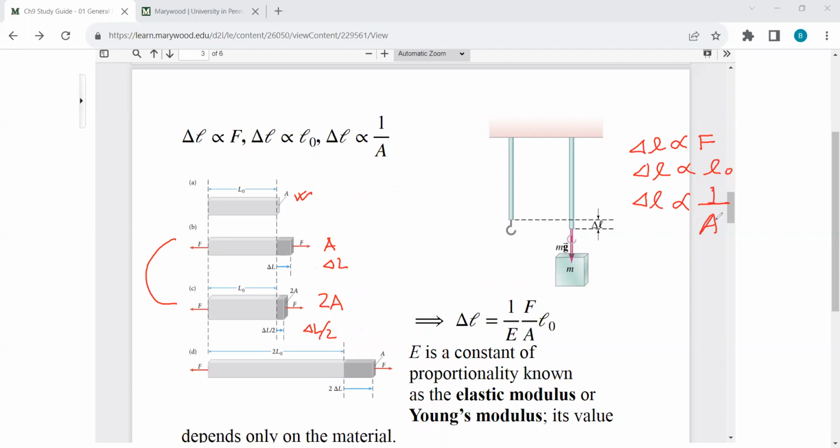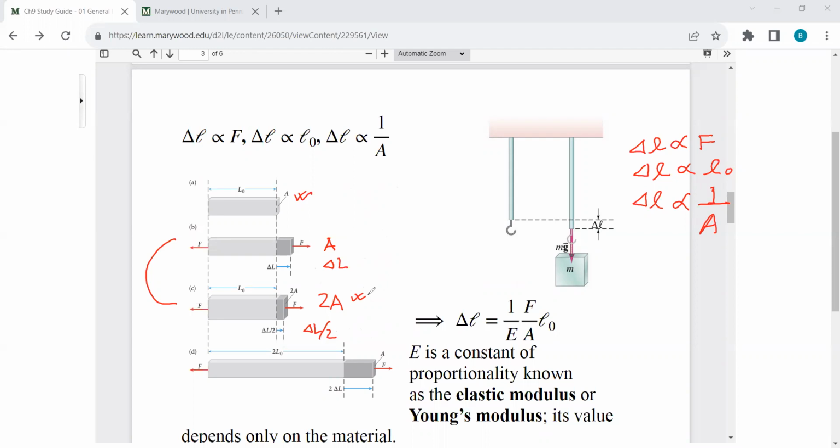The more the cross-sectional area, the less the extension. So for the same amount of force, in C, the extension was half. That means it is inversely proportional.